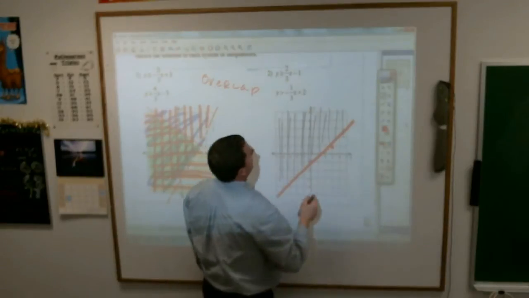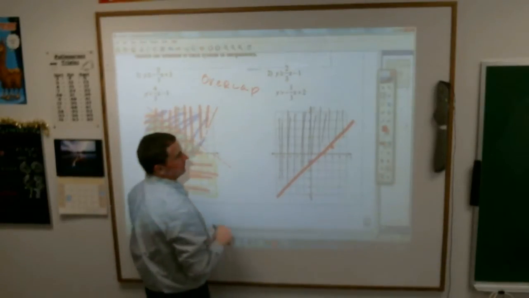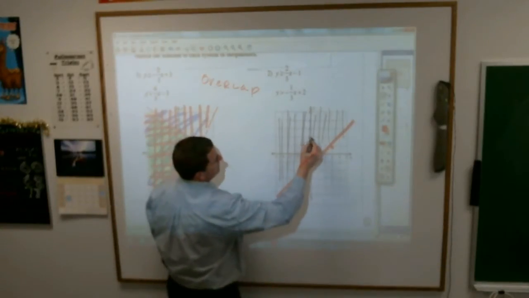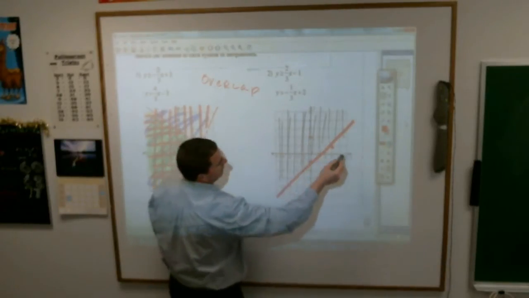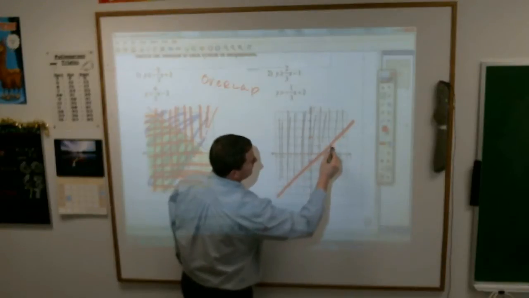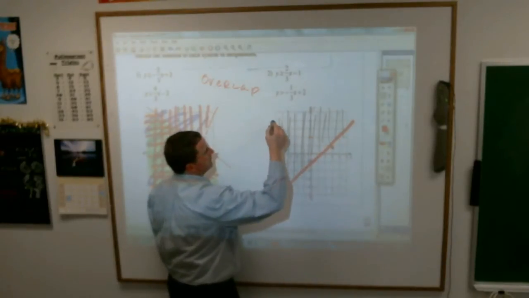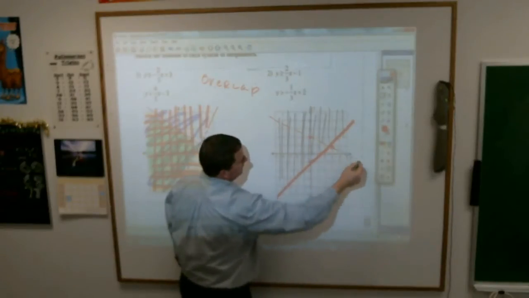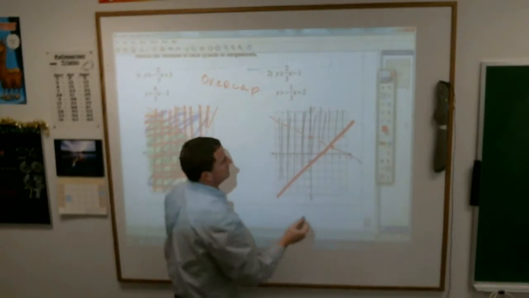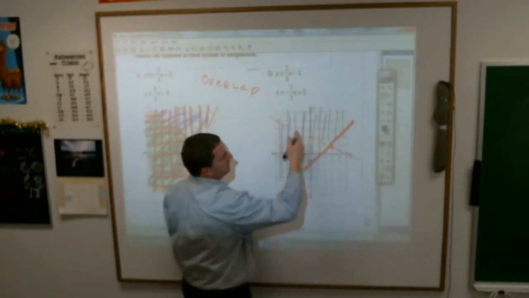The second line, y is greater than -1/3 x plus 2. So here at 2 there's a dot, and it is a -1/3, so down 1 over 3. Right here. And it's dashed, because it's not equal to. And it is greater than, so it's above this line.